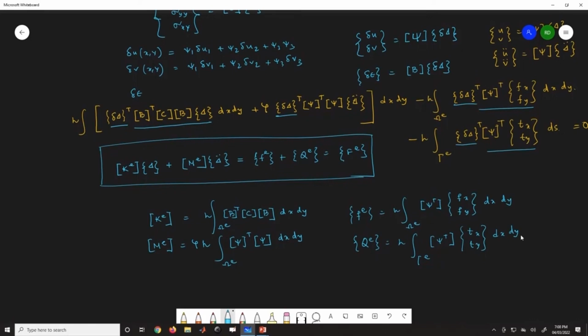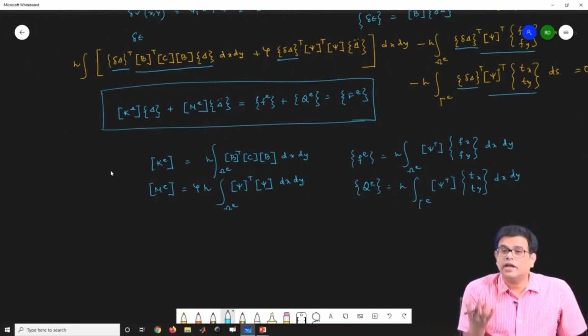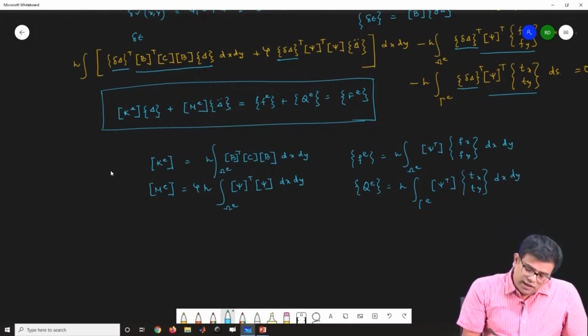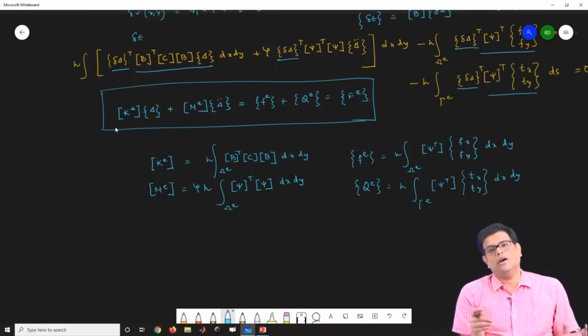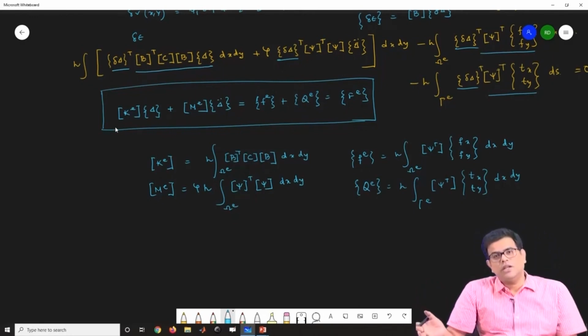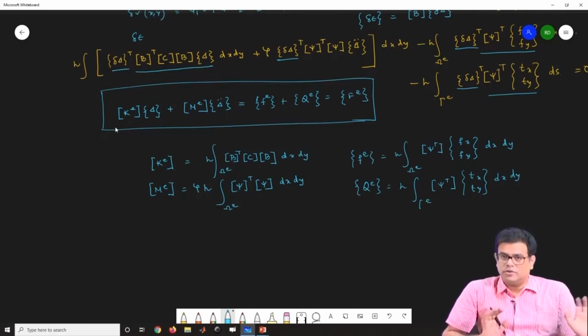Now if I don't consider the dynamic equation, that means if I neglect the inertial effect, then it is simply K delta equals F. Now as we know the elemental equation, we can assemble it and then solve it after applying the Dirichlet boundary condition, or the displacement boundary condition.